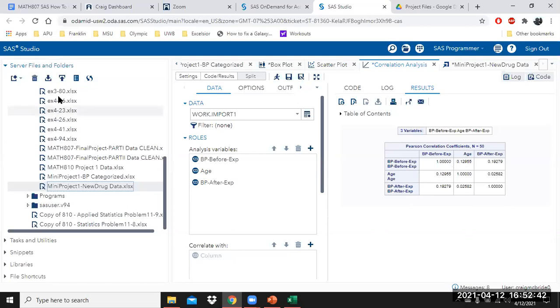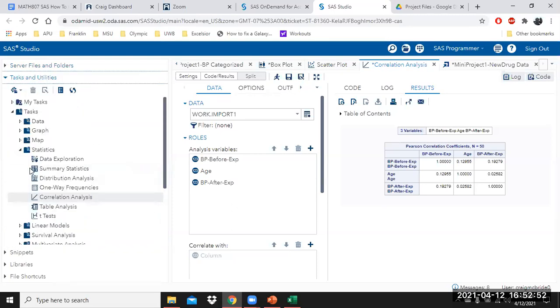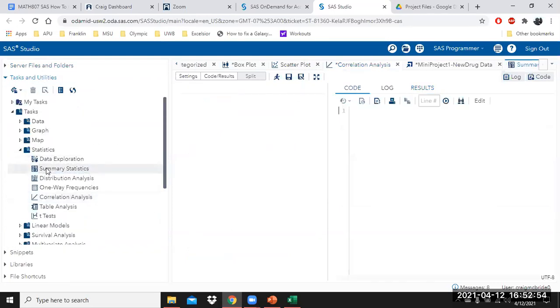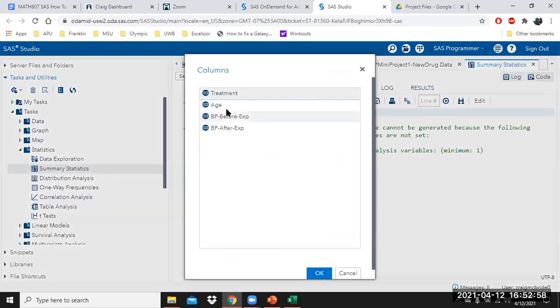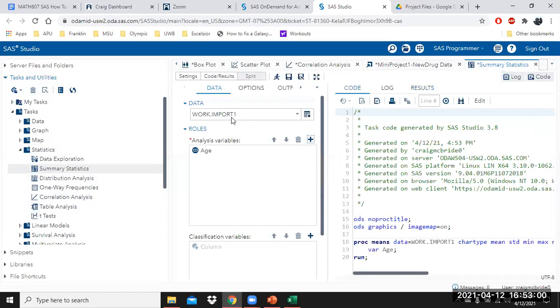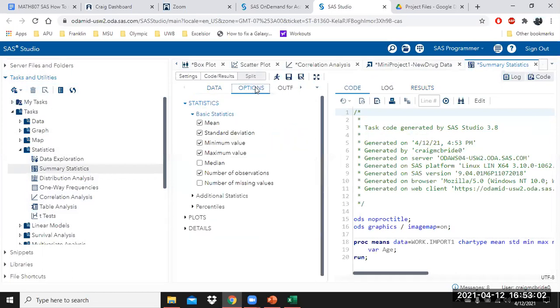The 5 number summary is minimum, Q1, median, Q3, and max. So if you go to summary statistics and load your data, I'm just going to run it on age, and then go to your options.